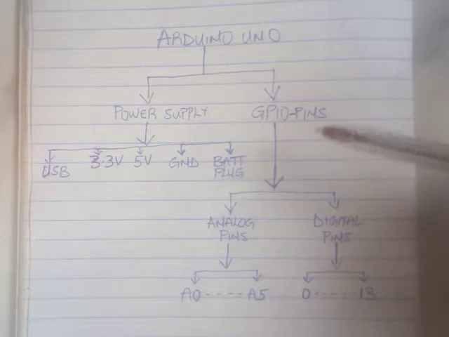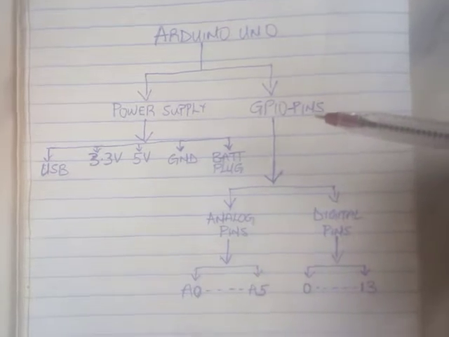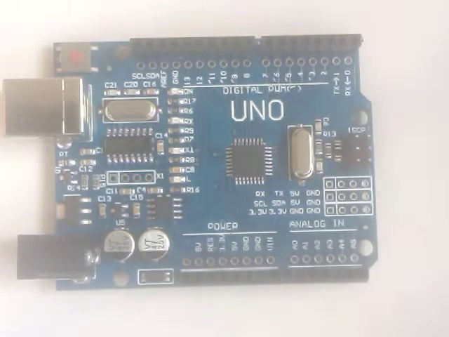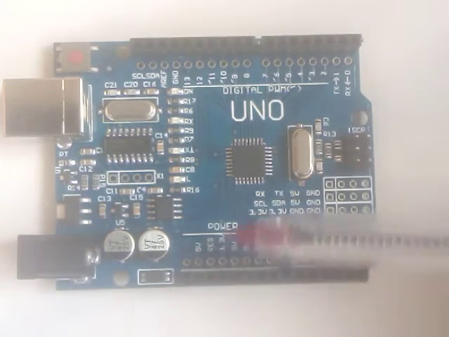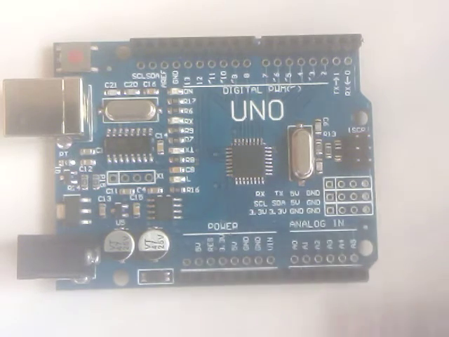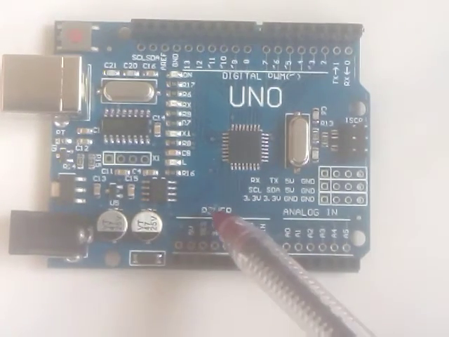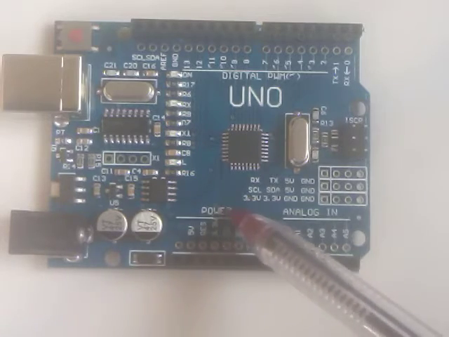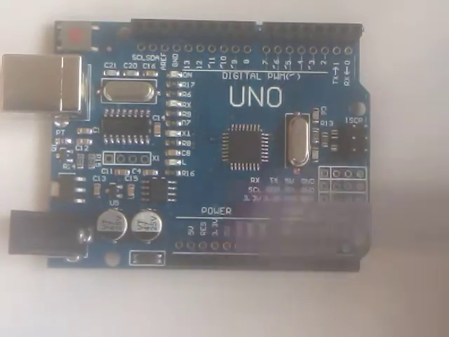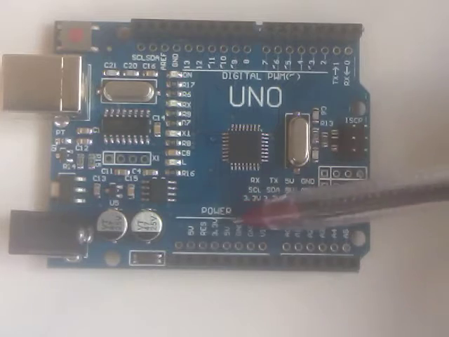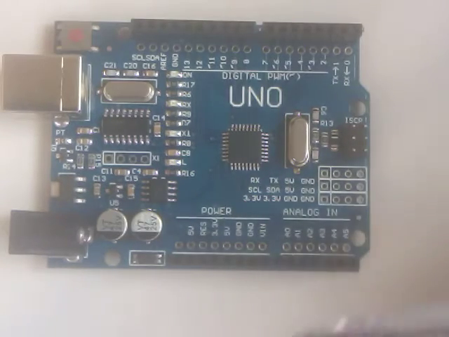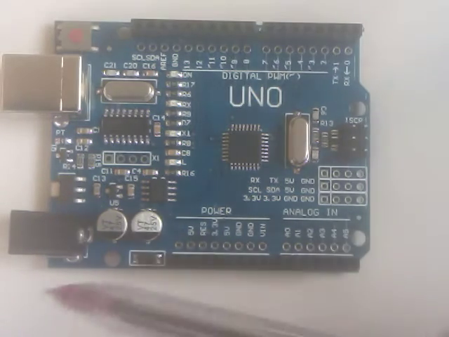So switching back to the Arduino Uno board, it is divided into two major parts, like we said: the power supply part and the GPIO pin part. So the power supply part is this. You can see power here, power supply, and we saw that it was divided into the 5 volts, 3.3 volts, USB power, GND, and the battery plug.